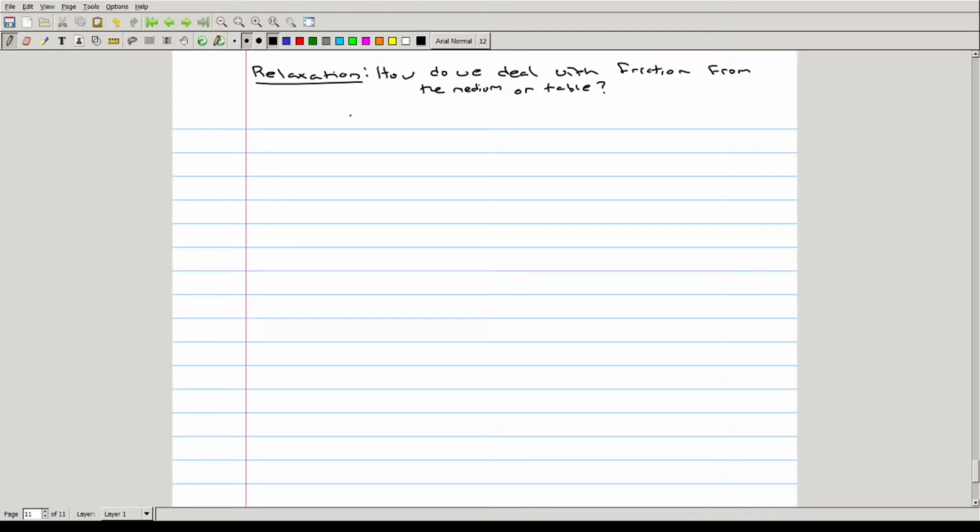So the main change here to Newton's law is that Newton's law is going to become the force of the spring plus the force of friction is going to be the new net force. And this is now what's going to be equal to the time derivative of momentum.